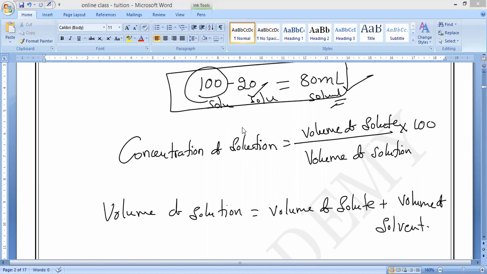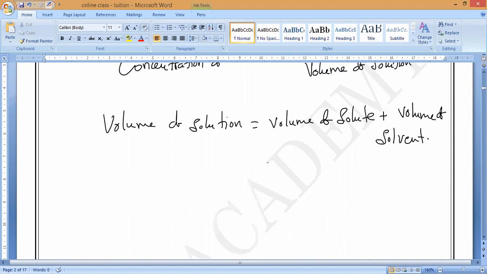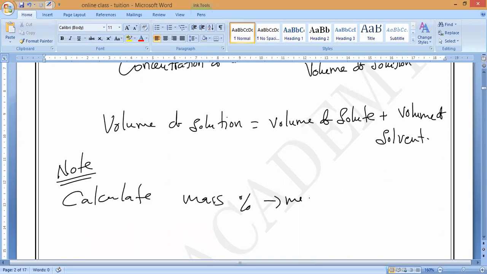mass percentage, it means the solute dissolving is a solid solute. If it is volume percentage, it is a liquid solute. All of you should remember these two things. So whenever in the exam they ask you to calculate mass percentage, it means the solute is solid.